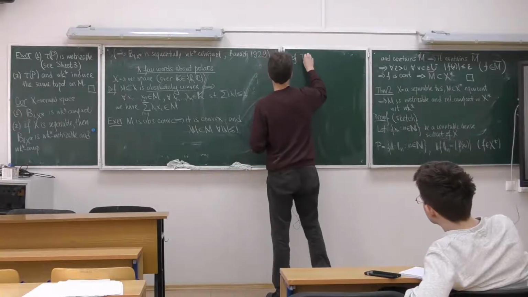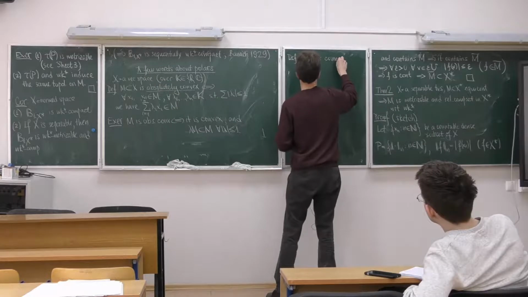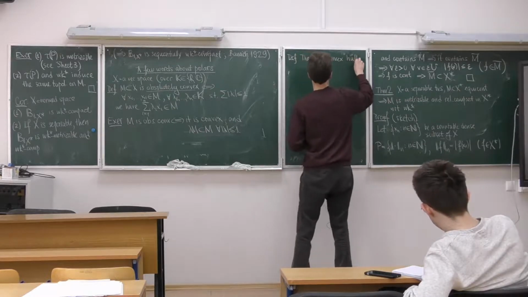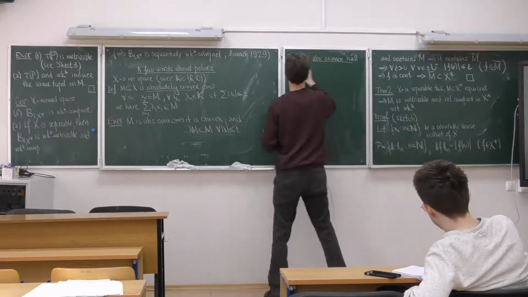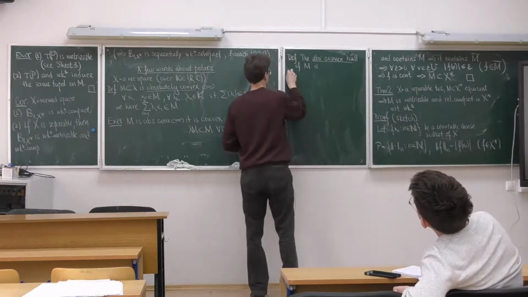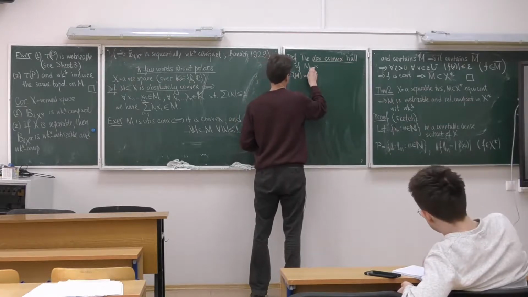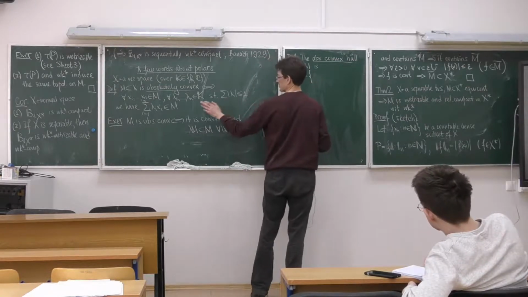Usually it is denoted by gamma of M, and it consists of all linear combinations of this form.